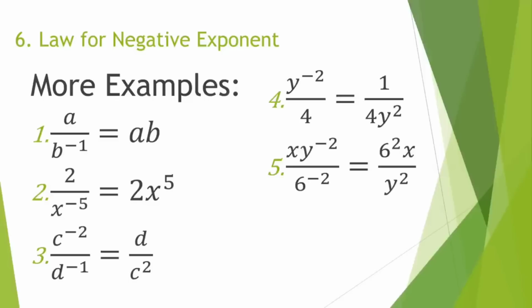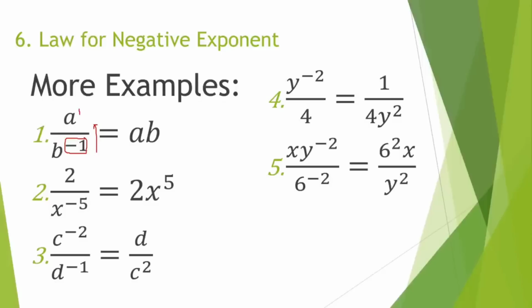Here are more examples for the law for negative exponents. So for example 1, we have a over b raised to negative 1. Since the exponent of a is 1 and the exponent of b is negative 1, we have to get its reciprocal. It will move to the numerator. That's why it can be written as a times b, or ab.